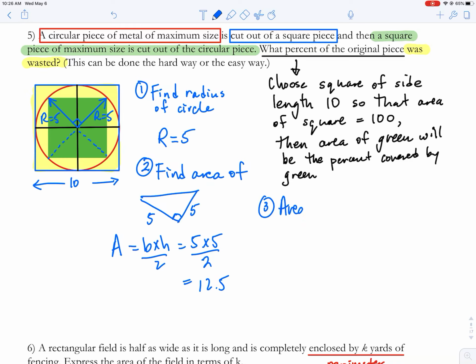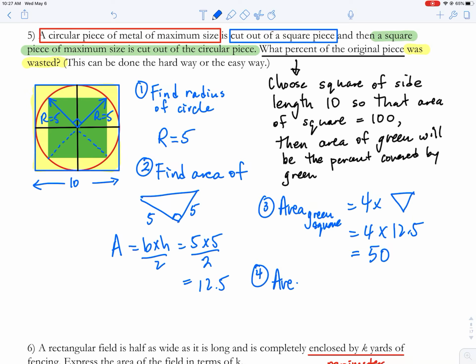So the area of the green square is going to be 4 times the area of the triangle. So that's going to be 4 times 12.5. So that's going to be 50. And because we didn't have units, whatever. So we know that our original area was 100. Our area of our green square is 50. And they want to know how much was wasted.